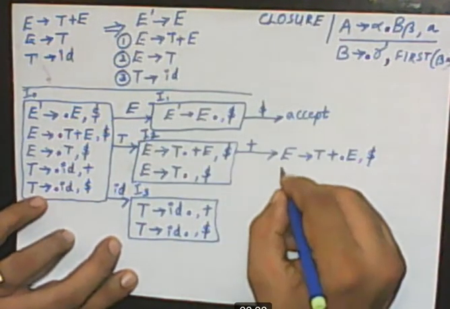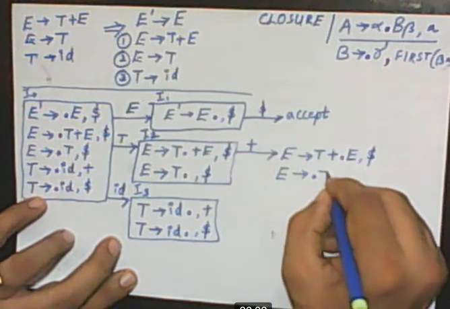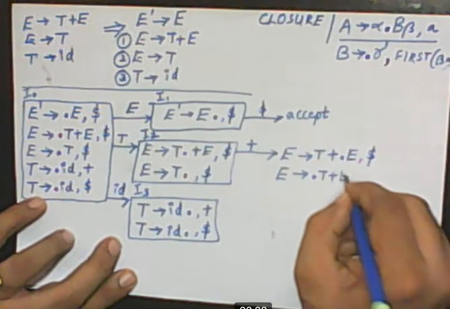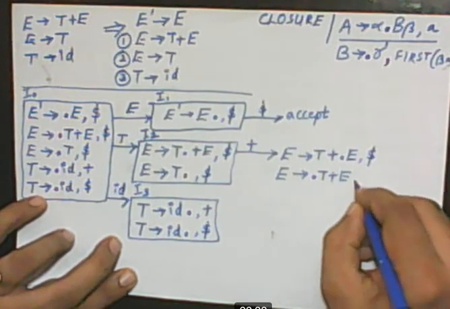That is E gives dot T plus E. When you are adding this, you need to consider the look ahead. How do you consider the look ahead?